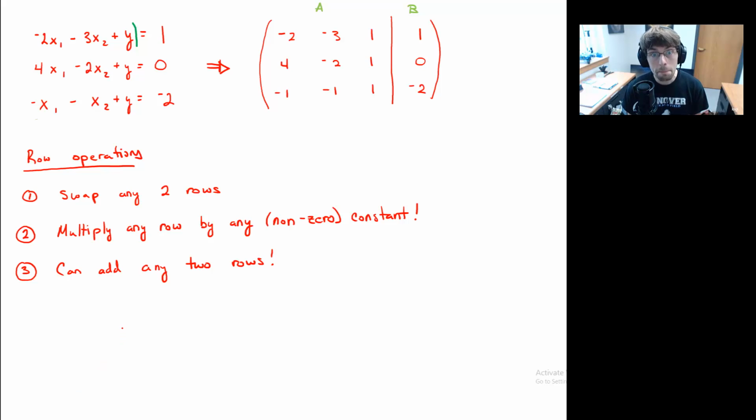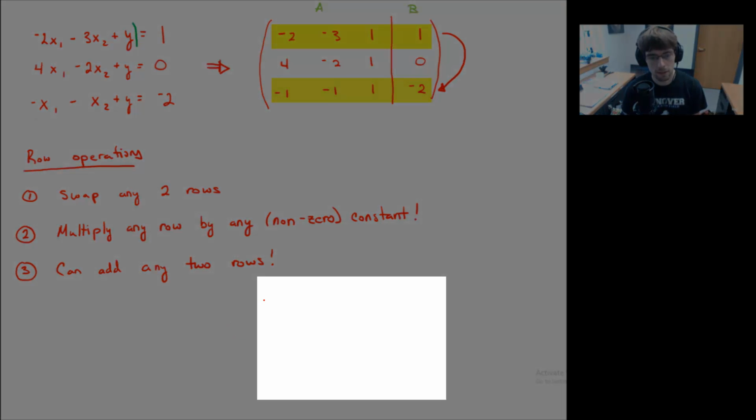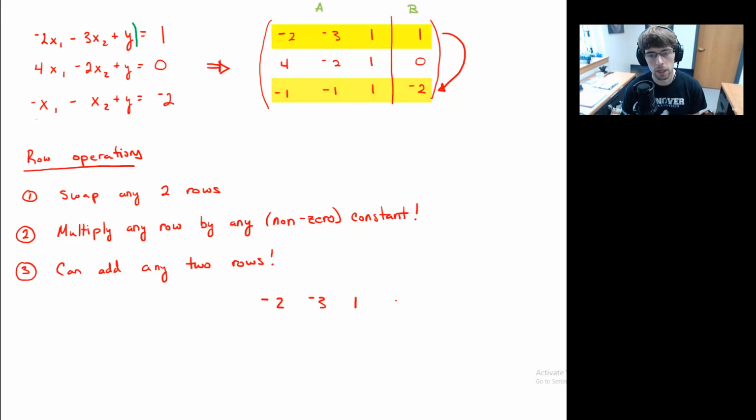So for example, let's say I take the first row and add it to the third row. And I'll rewrite it down here. So we could have something like -2, 3, 1, and 1. We have 4, -2, 1, and 0. And then I'm going to take the first row and add it to the third row.